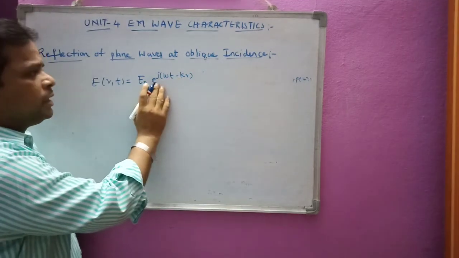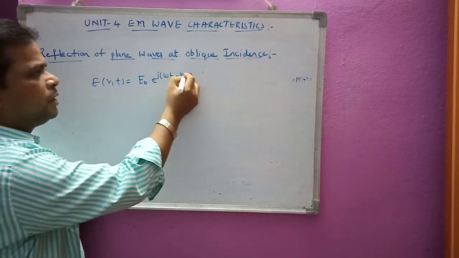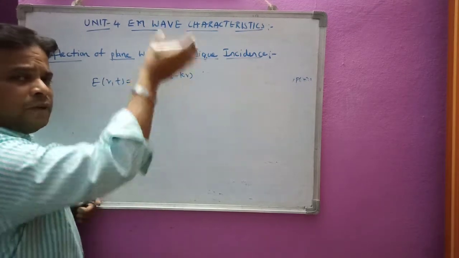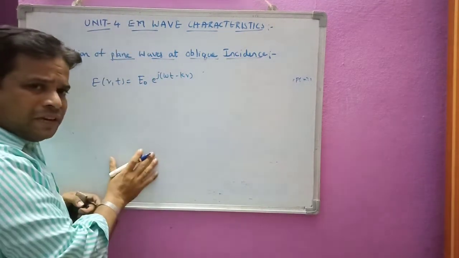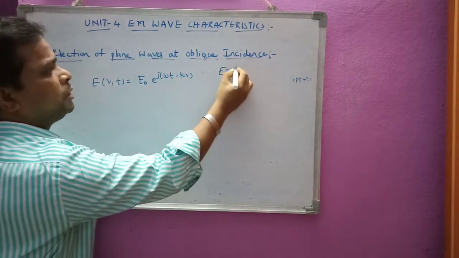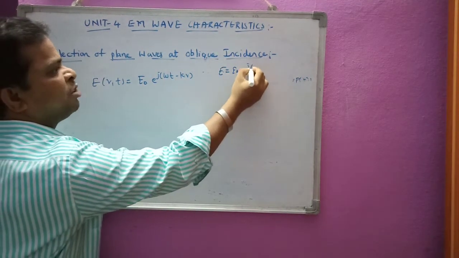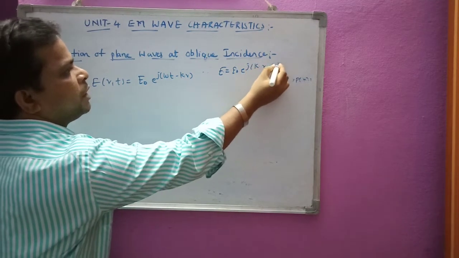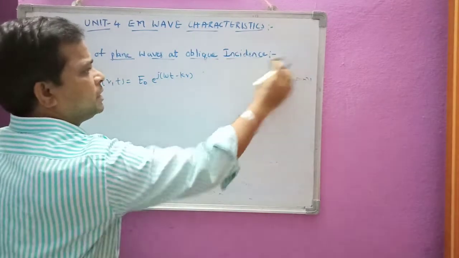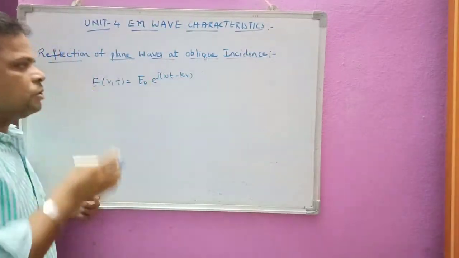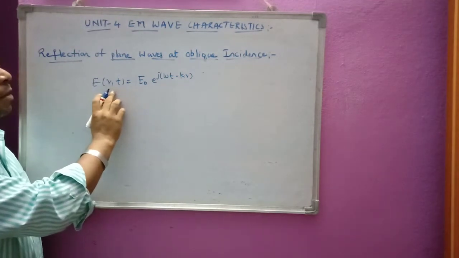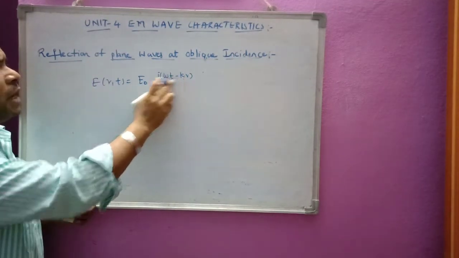I have told you that I can write this equation in terms of k·r minus ωt. You can see this set of equations, whatever derivation we have followed, E is equal to E0 e^(j(k·r − ωt)). So all those sets of equations are going to be satisfied. You can check the entire derivation. Next, E(r,t), this is the time factor, that's why I am taking it.